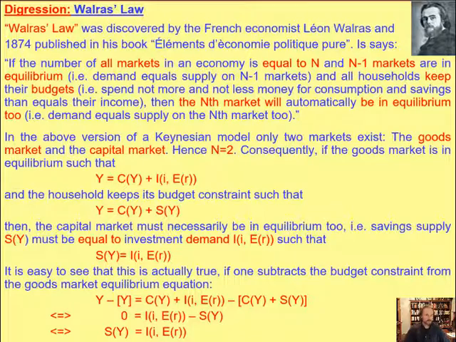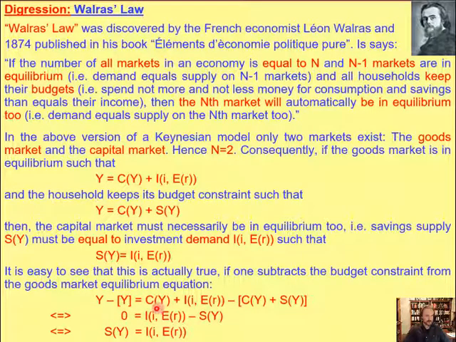If one subtracts the budget constraint, this equation, from the goods market equilibrium equation, we receive this equation here. On the left side we have GDP minus GDP, which equals of course 0.